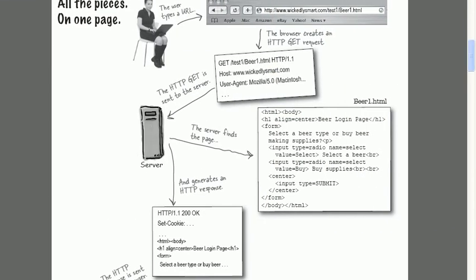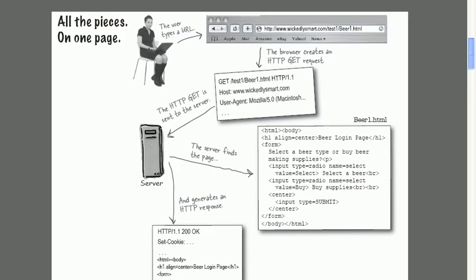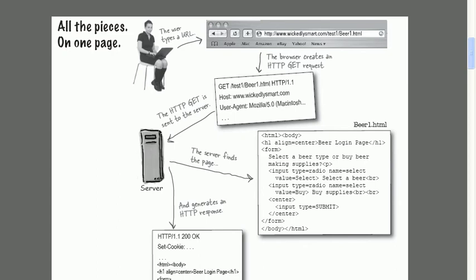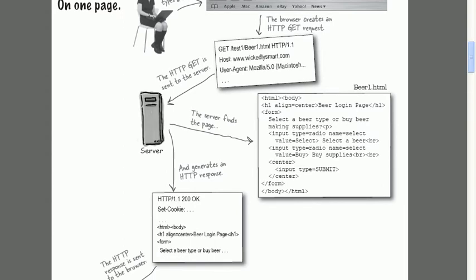Now let's put everything together. So the user types in the URL, or clicks on a link, and the browser creates an HTTP get request, and this is the request format for get, which is sent to the server.